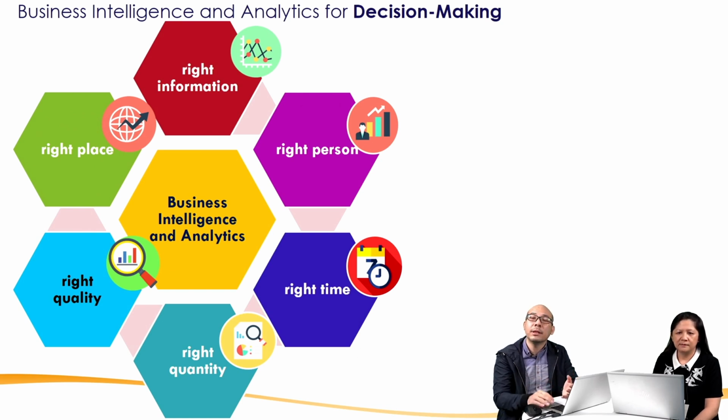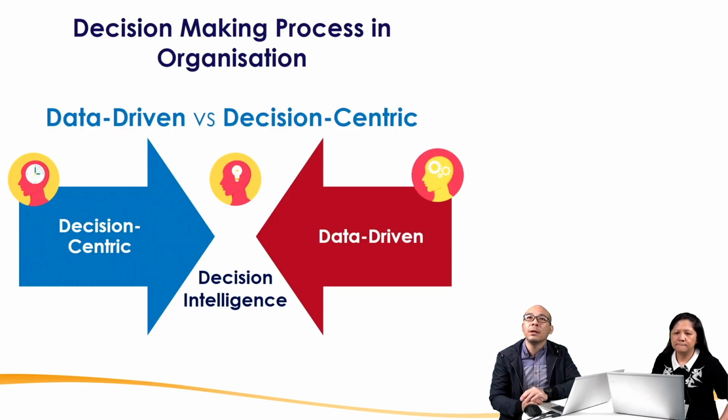So these are the data being used to derive business insights. However, recently, decision intelligence has become one of the most important frameworks to integrate and intersect between decision-centric as well as data-driven organization. Now, this will further improve the decision-making process by a typical organization.